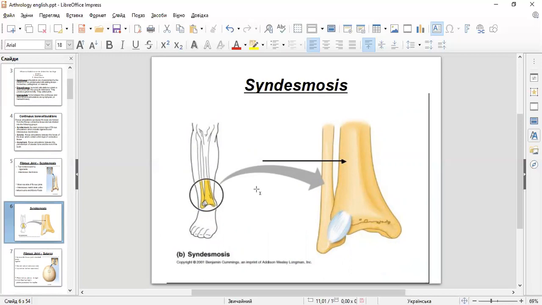In the picture you can see syndesmosis between tibia and fibula.